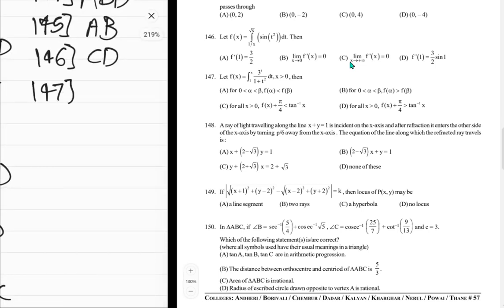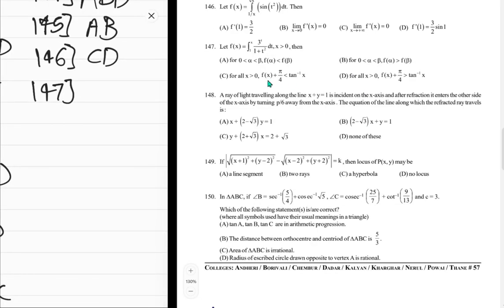147. Okay, let f of x be equal to this, integral 1 to x of. Okay, so अच्छा अपने को देखना है कि इंक्रीजिंग डिक्रीजिंग है क्या. वेट, सॉरी, व्हाट अबाउट दिस थिंग? f of x plus pi by 4 is... Okay, this is weird.